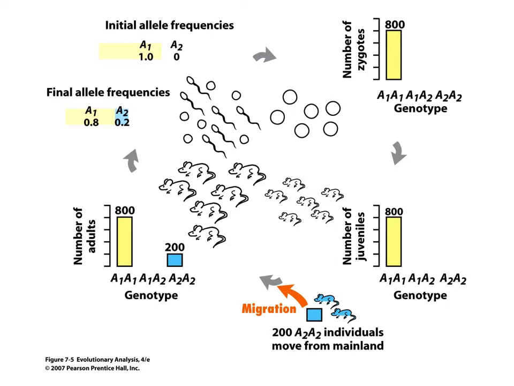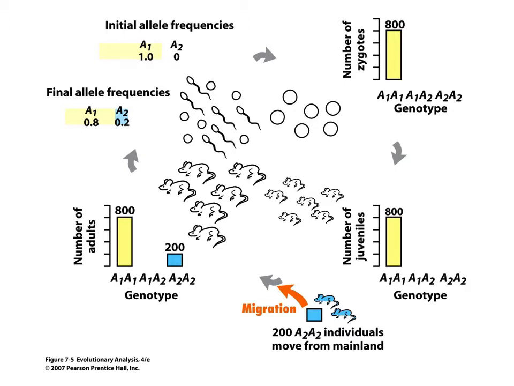So you have 200 individuals, and those mice have A2. They are homozygous for the A2 allele. And so now you have 200 individuals on the island that are A2, and 800 individuals that are A1.